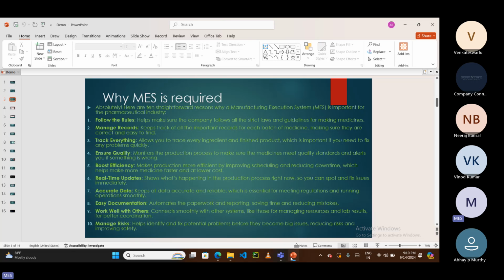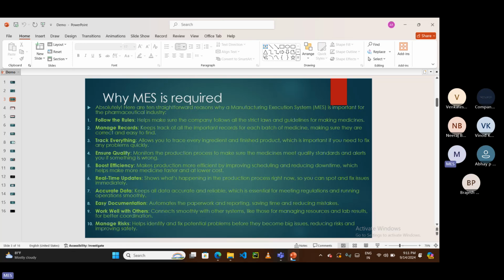When the batch execution completes or during review time, it will generate a number of questions for you. Each and every activity will be recorded with the concerned person's name and time, when you have not followed the rules, when you have broken the rules. So follow the rules, that is the first point.